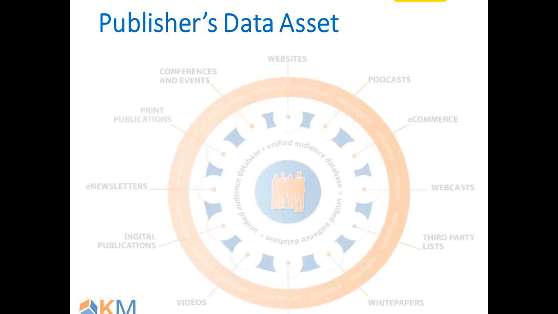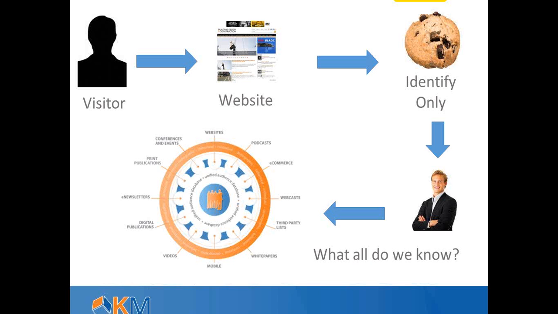Do we know them because they clicked on an email from an editorial product? How do we know who this person is? And if the cookie tells us this is Brett, we know who Brett is, then the next question we have to ask is, what all do we know? We want to know from this data all the information that we've collected in every place right now in real time. What do we know about him?